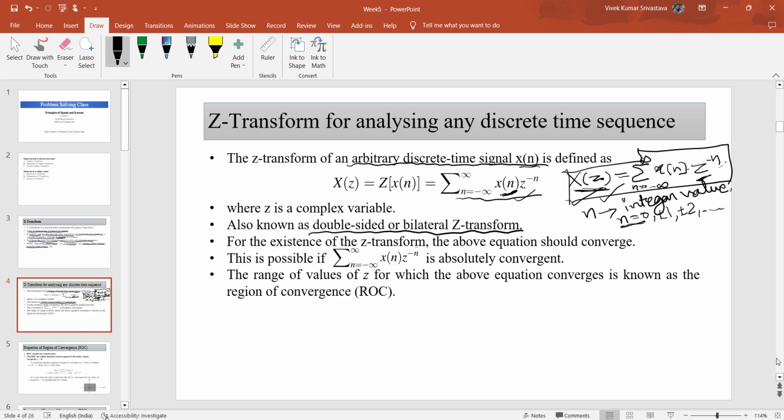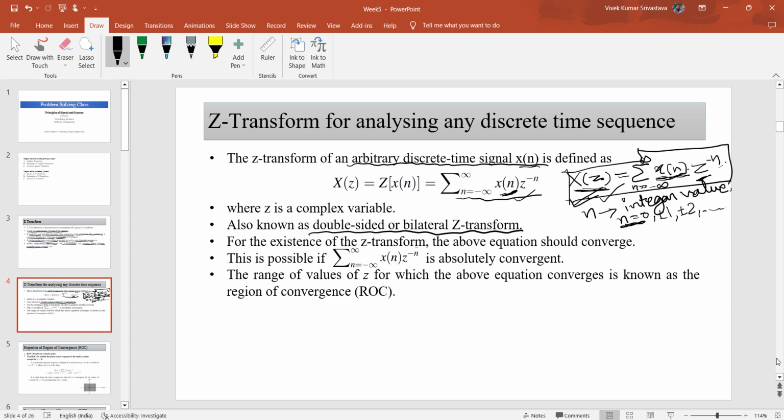So this is the double sided or bilateral Z transform, and by using this expression we can easily evaluate the Z transform of any signal.